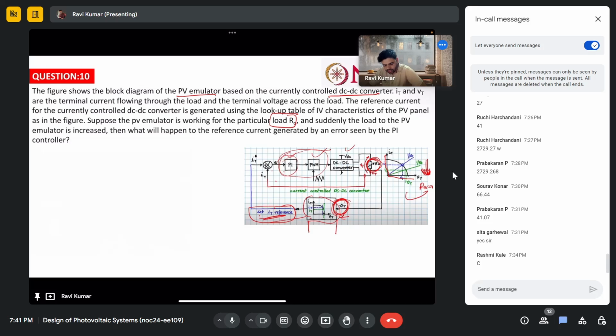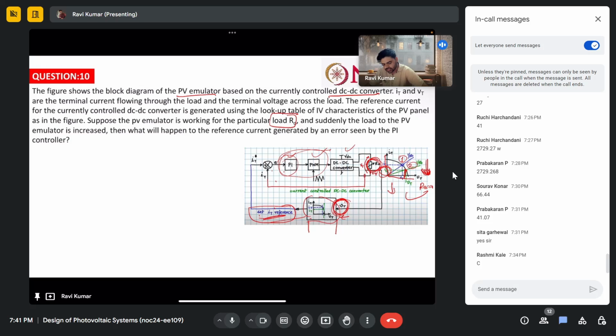Let's say point 1 was the first condition, while R node is increasing, this point 2 is the second condition. So due to this increase in R naught, our I decreases.